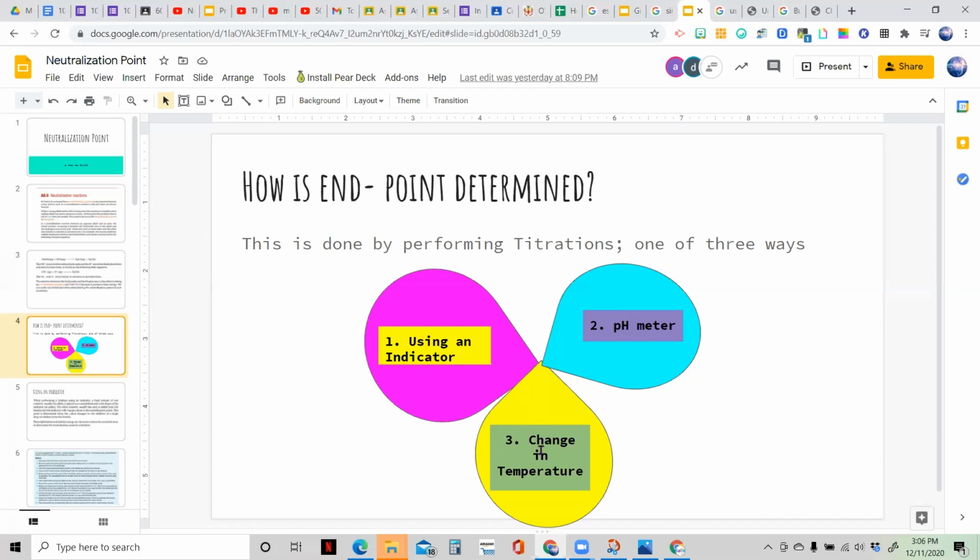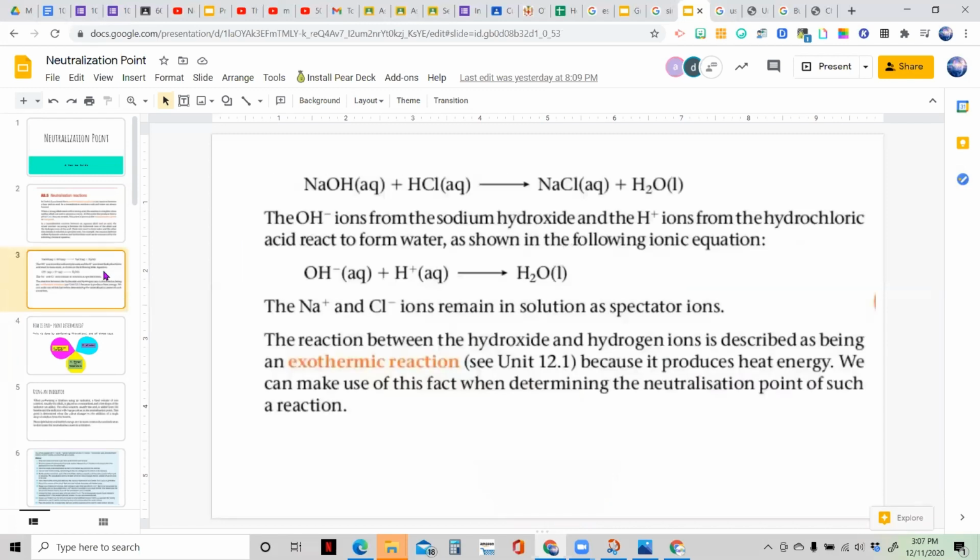Then our third way is change in temperature. Now, why is it that they can use a change in temperature? They can use a change in temperature because a neutralization reaction is exothermic. We briefly mentioned exothermic reactions when we started looking at acids and bases.